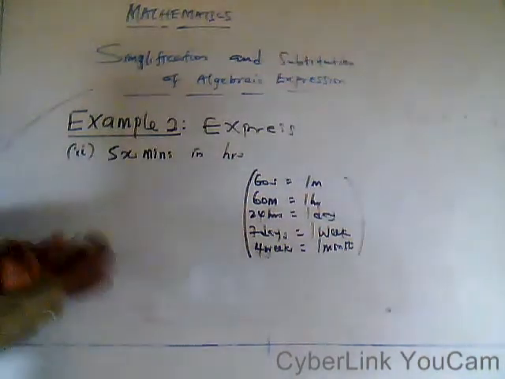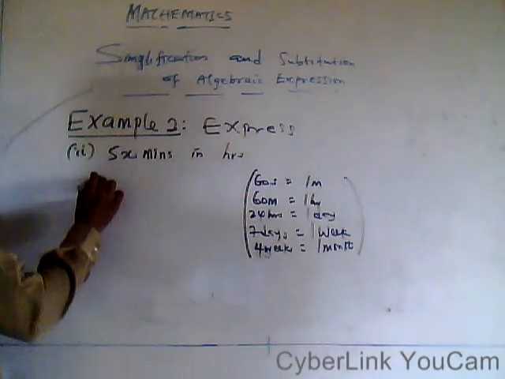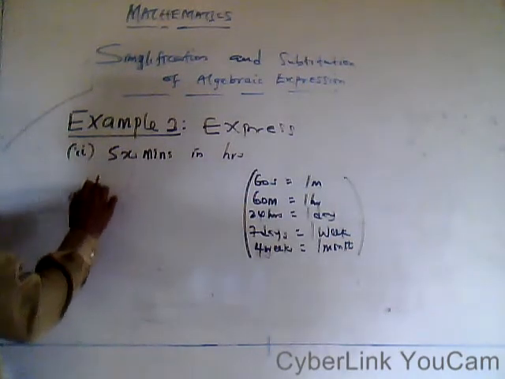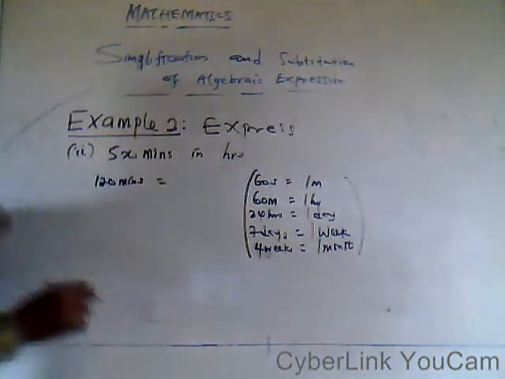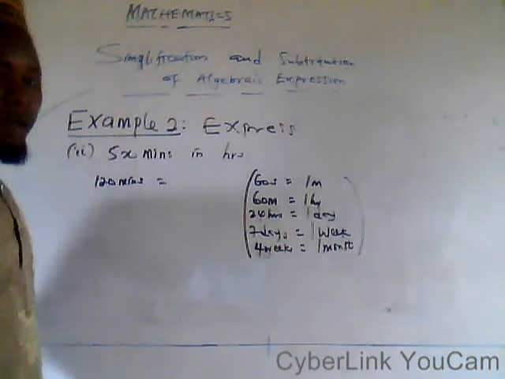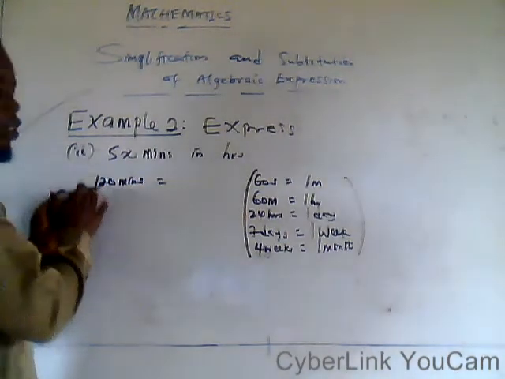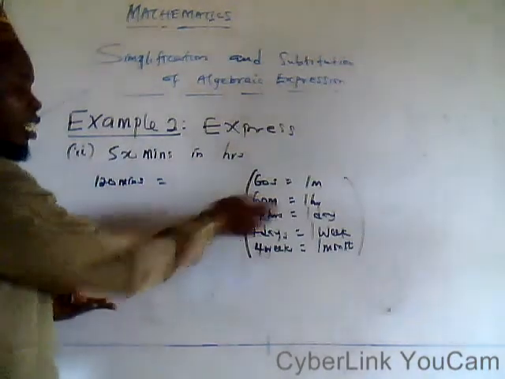Before we come to this question, let's quickly take a small example. Let's say we have 120 minutes and you are going to hours. What will be the equivalence of 120 minutes in hours? If we are going from minutes to hours, you divide by 60, because 60 minutes make one hour.